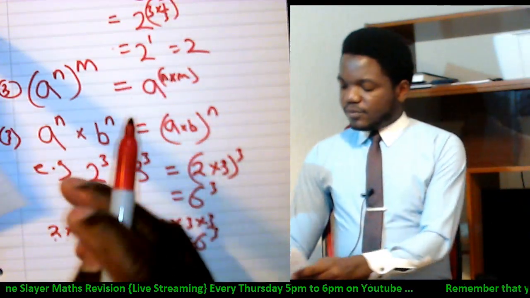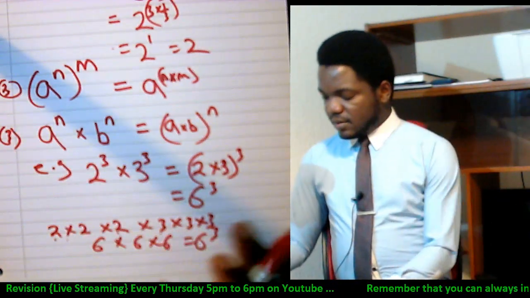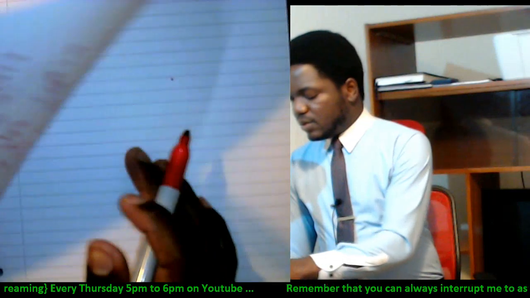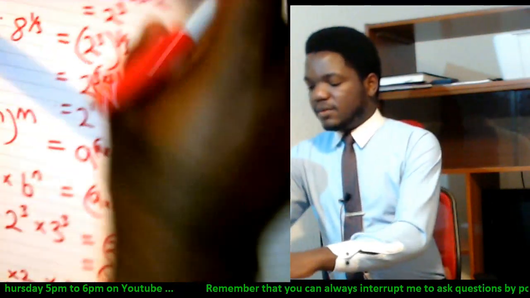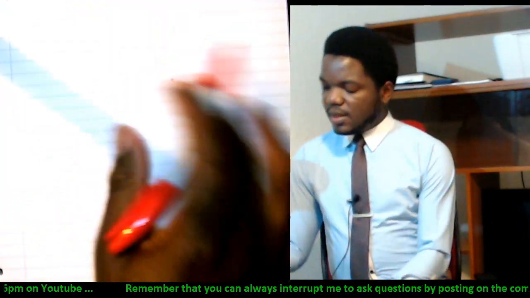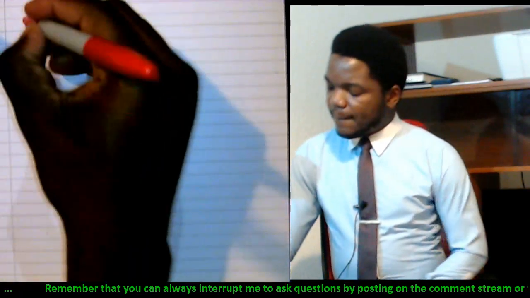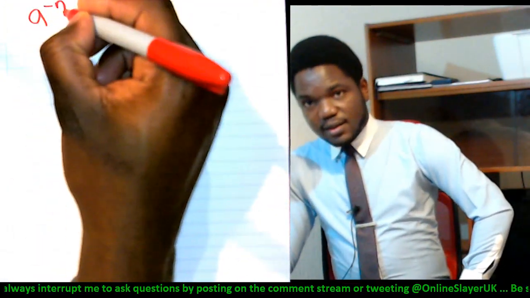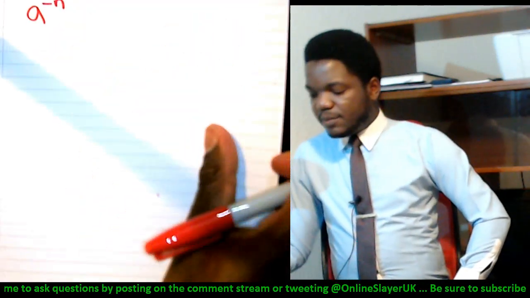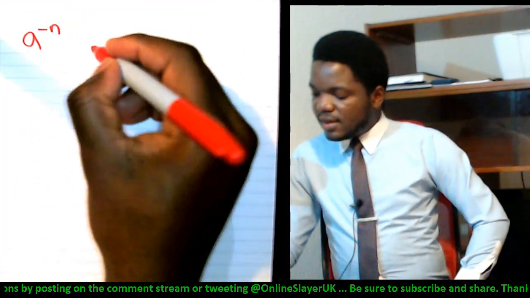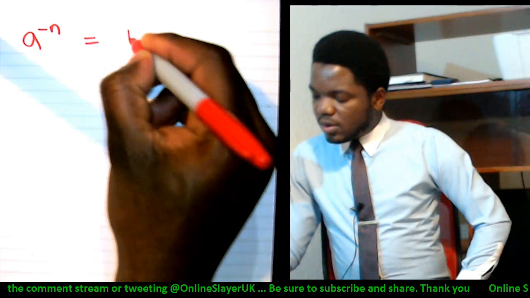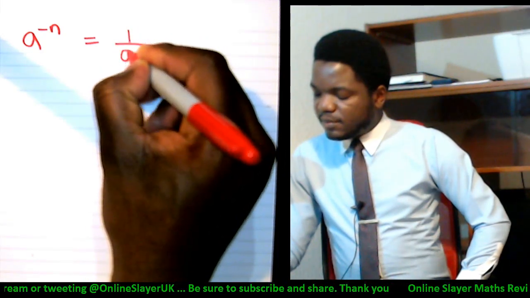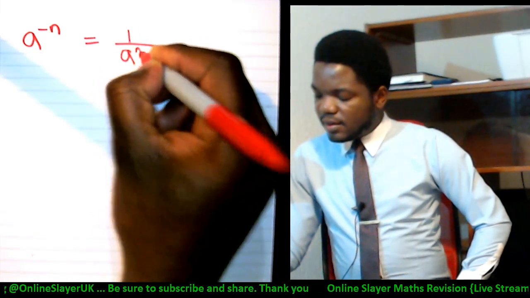So the last thing under powers that we'll be looking at, and then we can play with some questions, is this one that says a to the power minus n. A to the power minus n is the same thing as 1 over a to the power n.